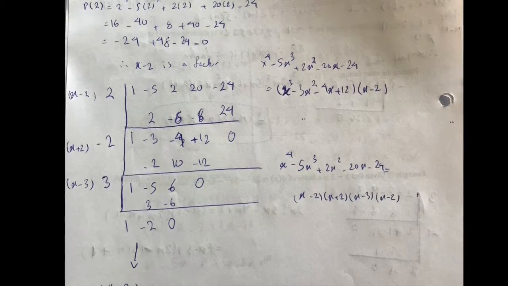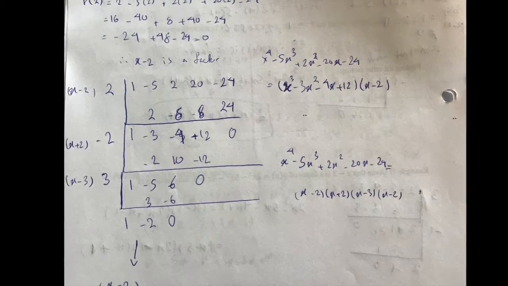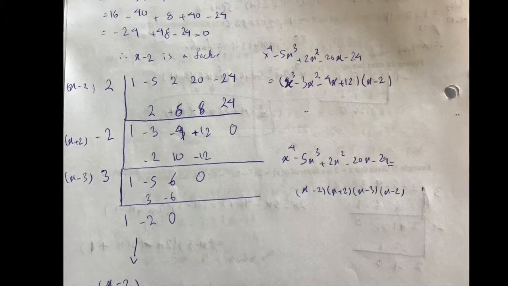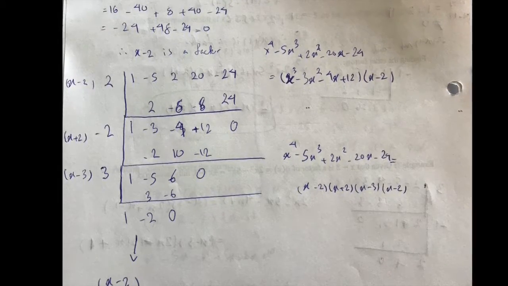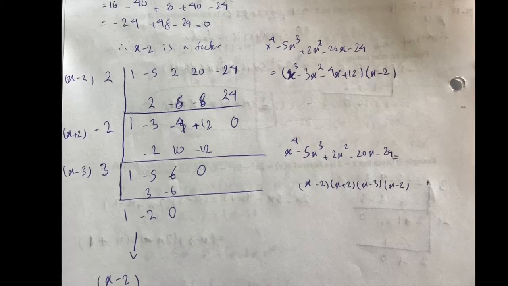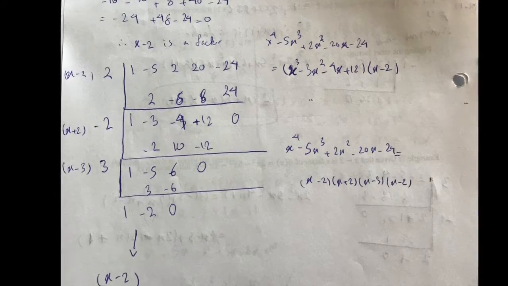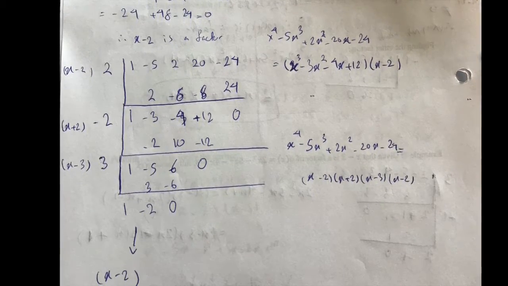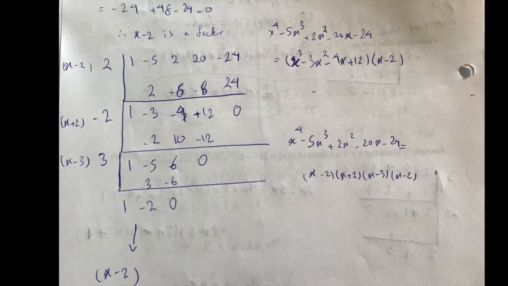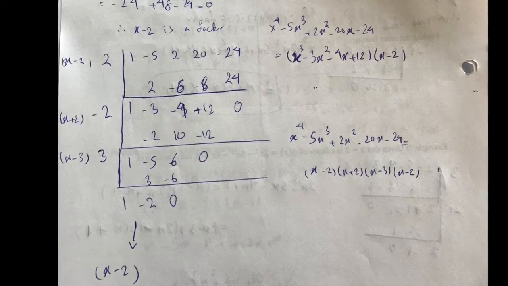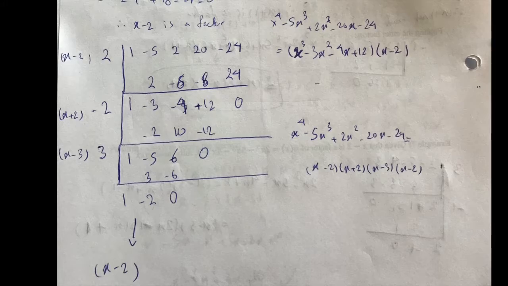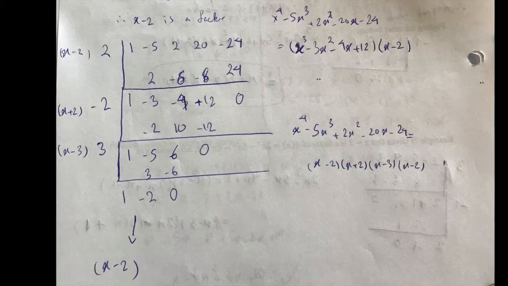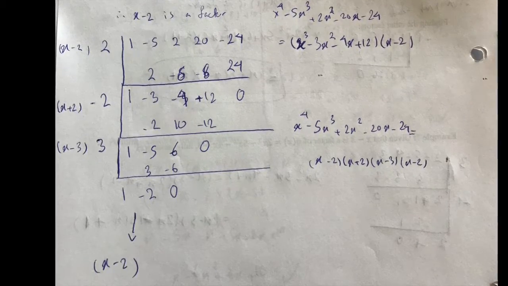So now we go through our synthetic division, which was explained earlier by the YouTube video I found, which explained it way better than I ever could. We go through and divide by x minus 2 to get another factor. Then we move to the next possible factor and see if that gives us a remainder of 0, which luckily it does.